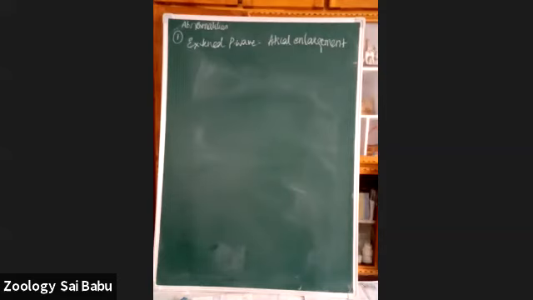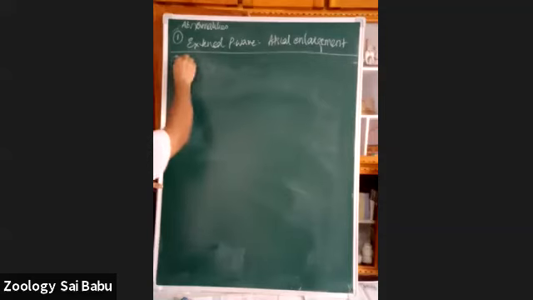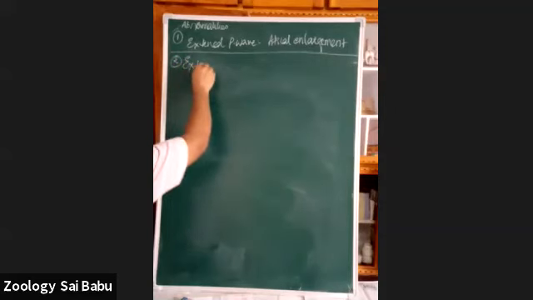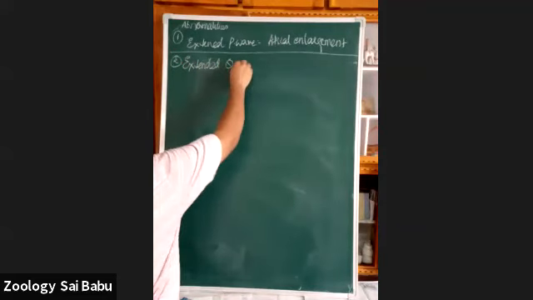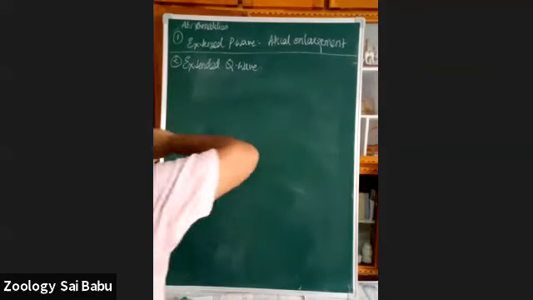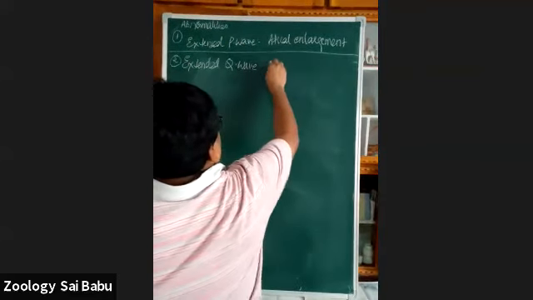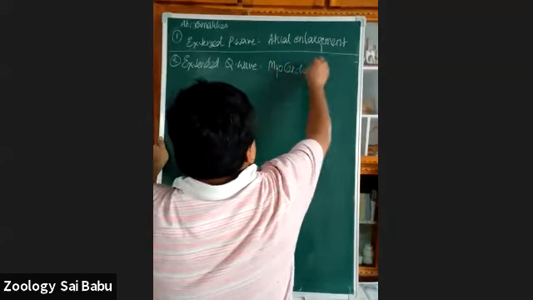Next, the second one is the extended Q wave. An extended Q wave indicates myocardial infarction.